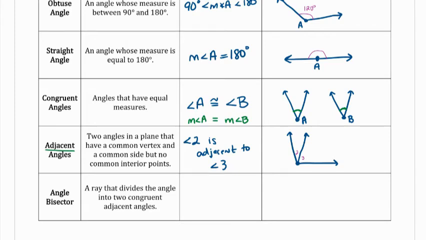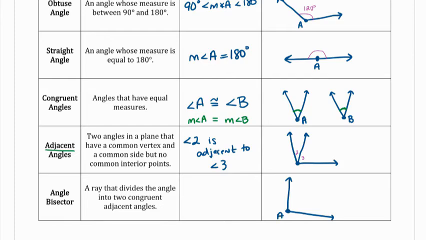Okay, then an angle bisector is similar to like our midpoint or our segment bisector. An angle bisector is a ray that divides an angle into 2 congruent adjacent angles. So our picture is going to look similar to the last one, except this time it's going to split it right down the middle. So if I make myself one angle here, we'll do this one with letters just to kind of see how that one goes.